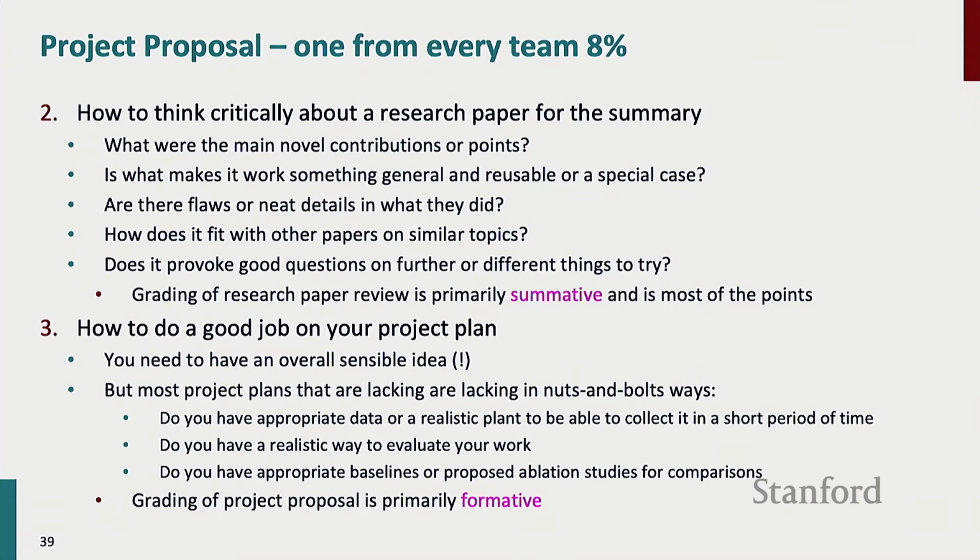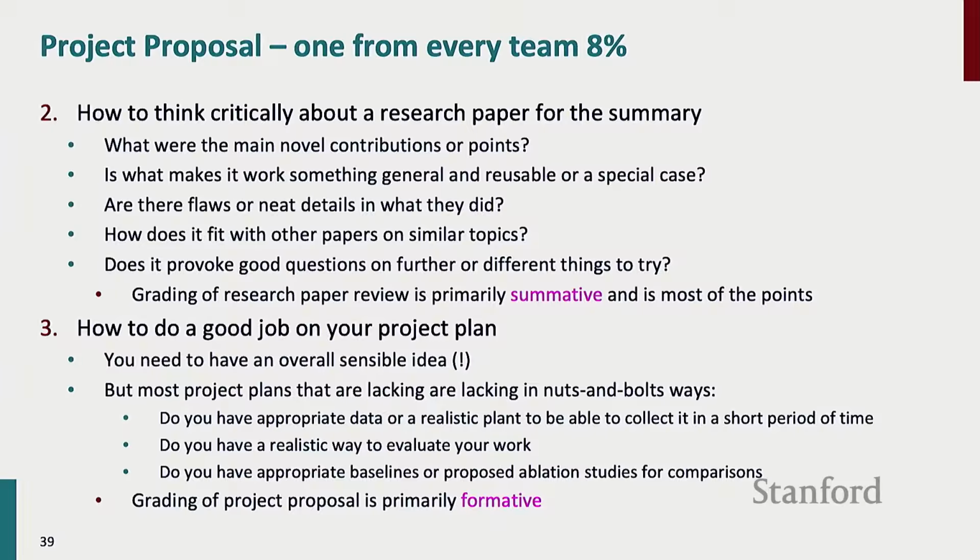Okay, so for the research paper summary, do think critically, right? I mean, the worst summaries are essentially people that just paraphrase what's in the abstract and introduction of the paper. And we want you to think a bit harder about this. What were the novel contributions of the paper?